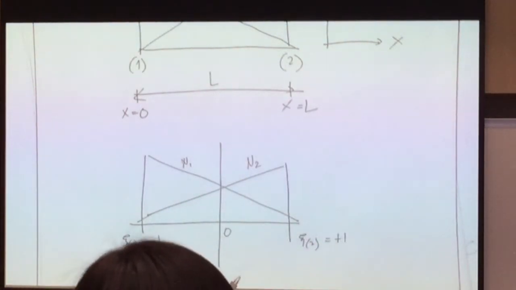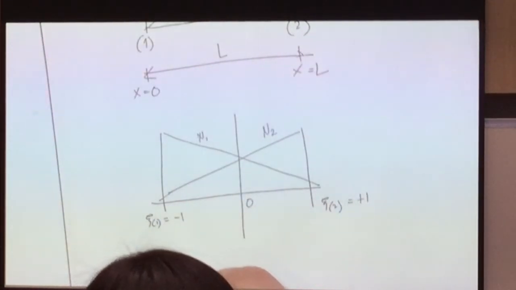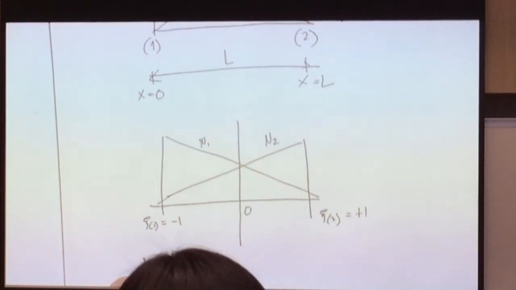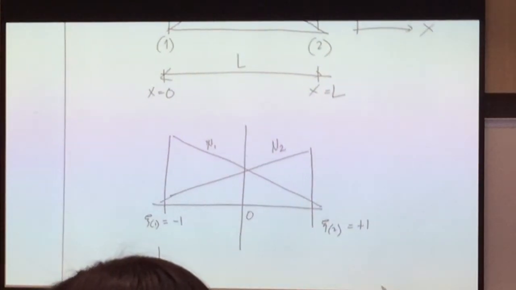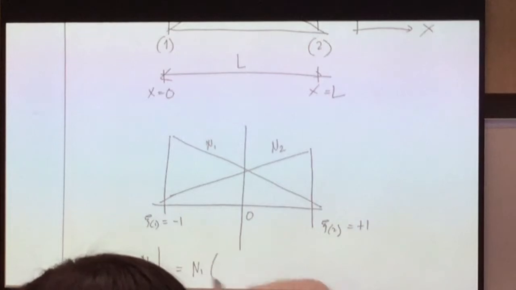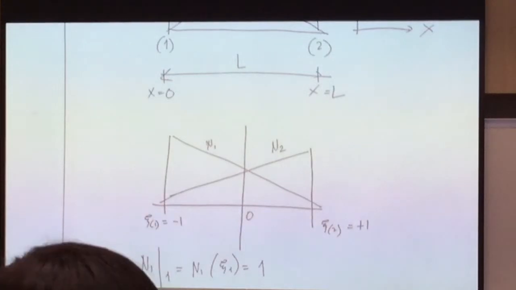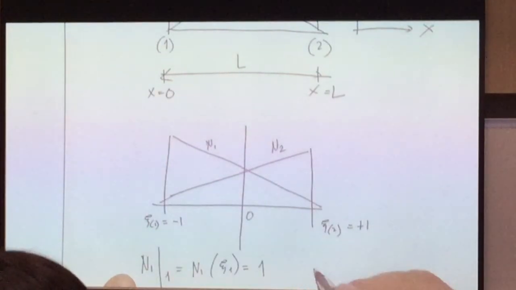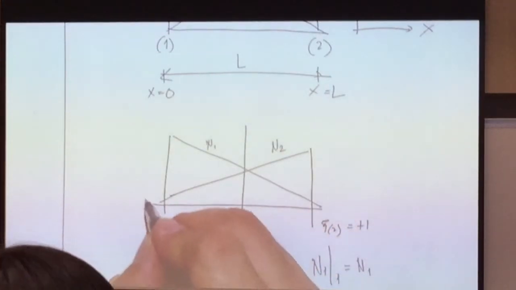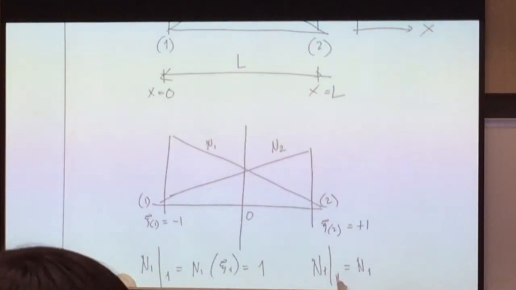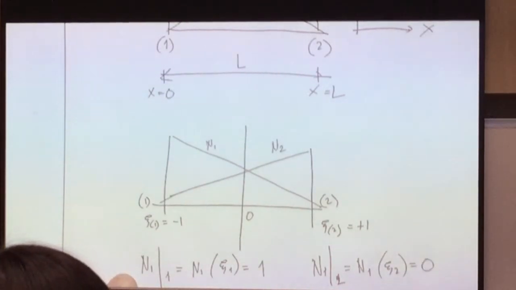N1 at C1 is equal to 1. So your N1 at C1 equals 1, and N1 at C2 is equal to 0.